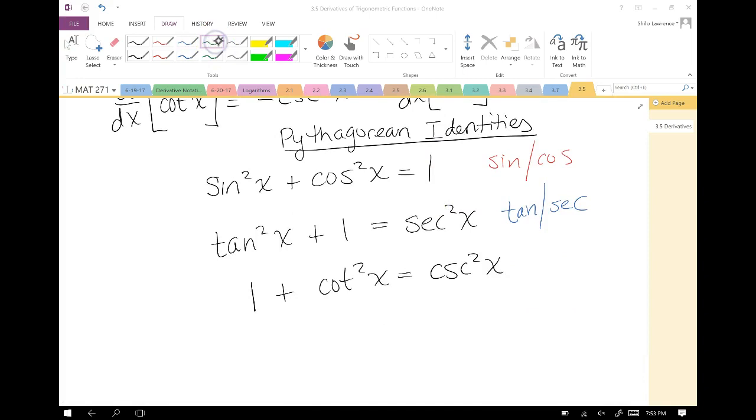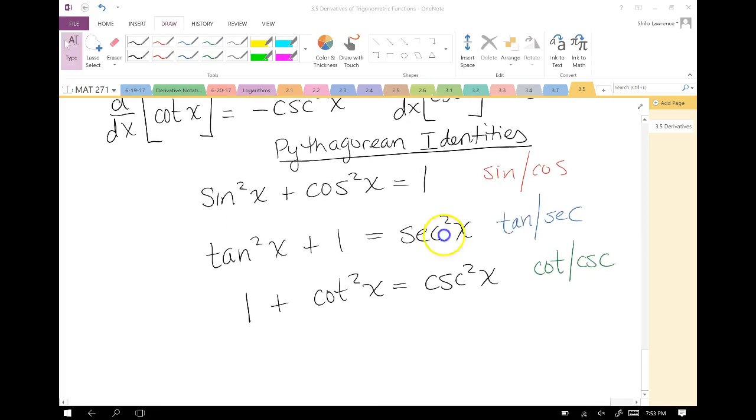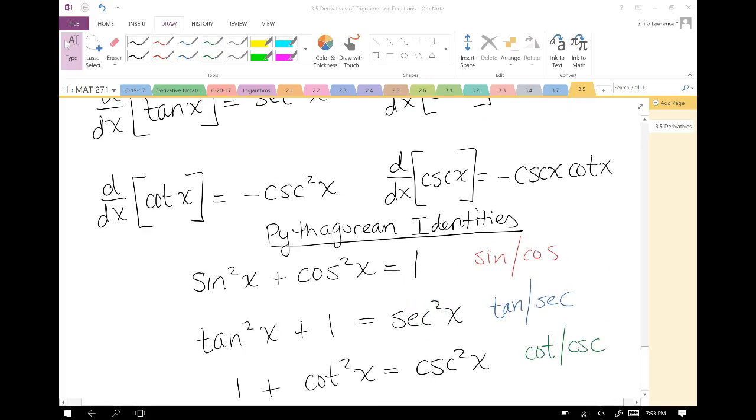And then this last one involves cotangents and cosecants. And if you look at those derivatives, they do the same thing. The derivative for cotangent is negative cosecant squared. The derivative for cosecant is negative cosecant cotangent. Those derivatives always stick within their own group.